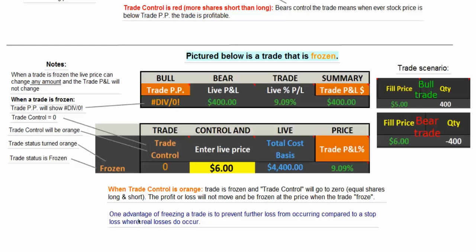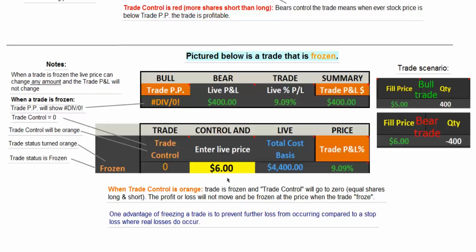One main advantage, I should say, of freezing a trade is to prevent further loss from occurring, compared to a stop loss where real losses occur. So if you're in a trade situation where you're starting to lose money, you're not sure what is going to go on in the future for the price, and you don't want any further loss, then you can go ahead and freeze a trade, and that will literally stop whatever loss you're at. And once again, it doesn't matter where the price will go.